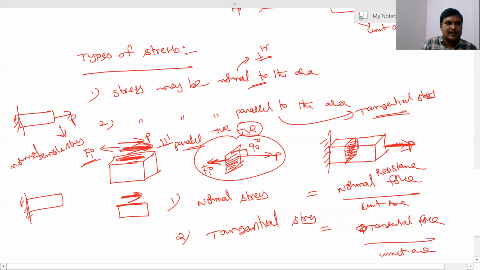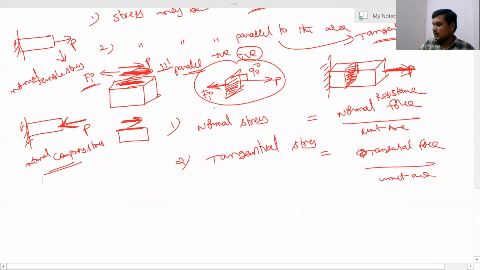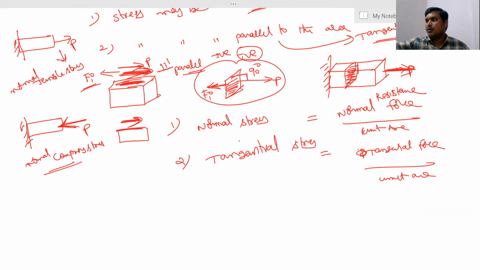Likewise, for the same constrained body, if you are applying a push force P, this is a compressive force or compressive stress, simply normal compressive stress. Is it clear? So stress may be normal stress or tangential stress. Tangential stress is parallel to the cross section area. Normal stress means perpendicular to the cross section area. Is it clear?